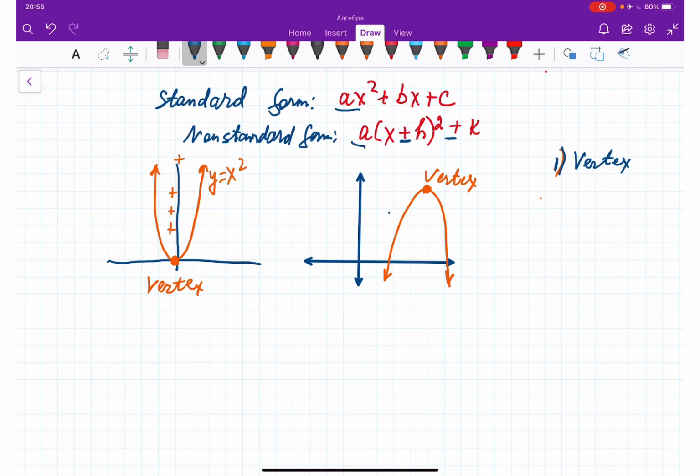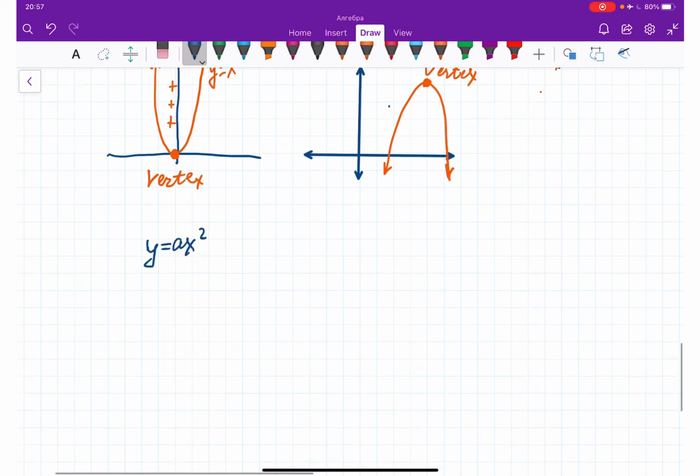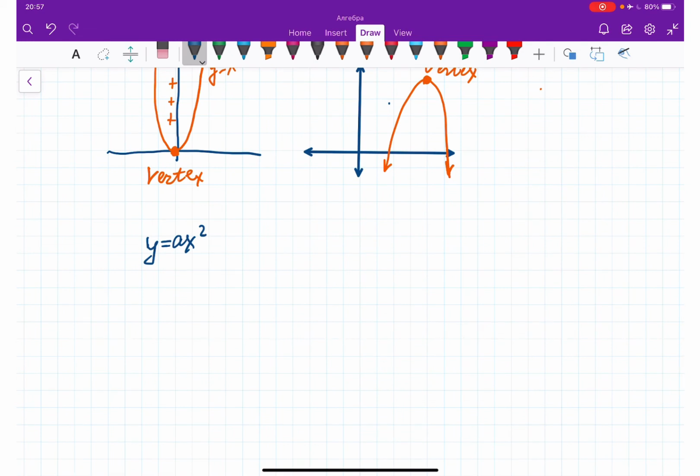So a is a coefficient of our x squared that shows that we are either stretching or shrinking the function. So y is equal to ax squared. So how does this a affect the parabola?